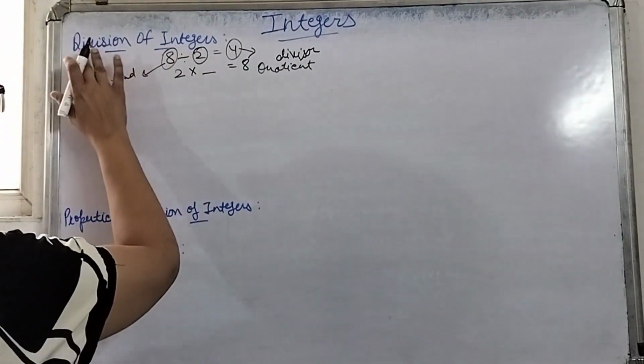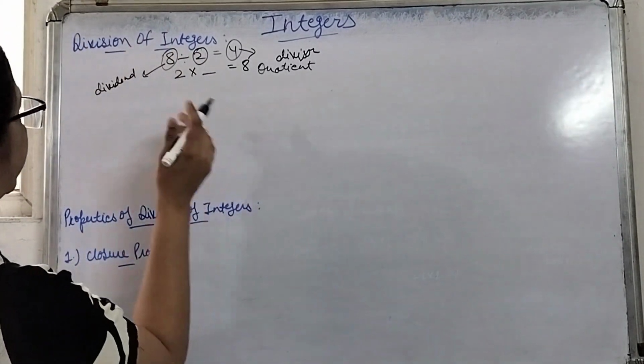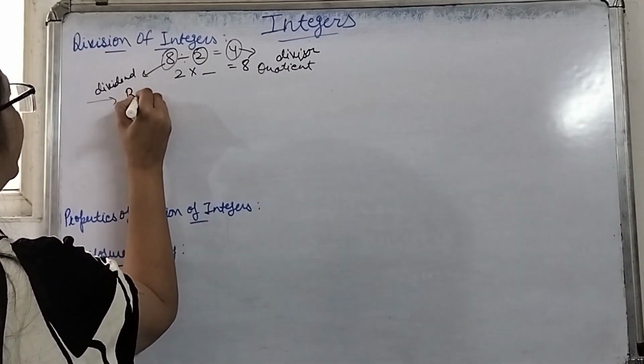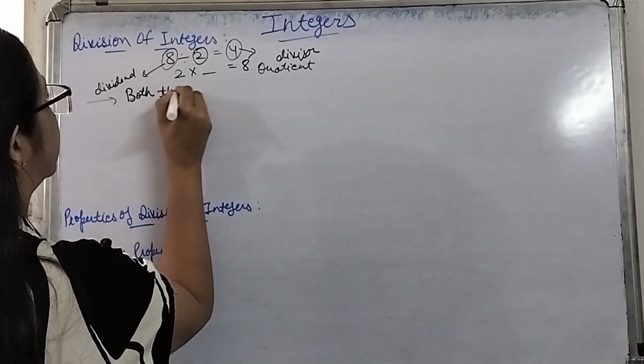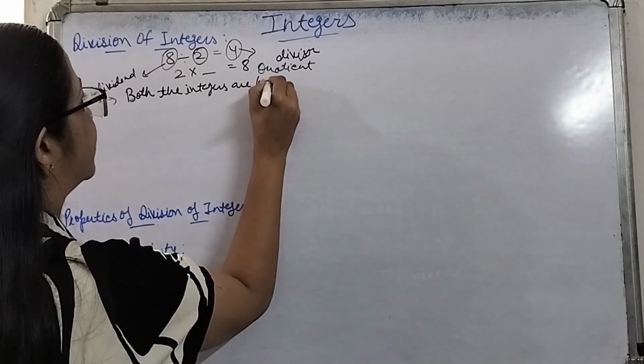Now suppose we are going to divide any two integers. Again we have two conditions. One condition is when both the integers have the same sign.